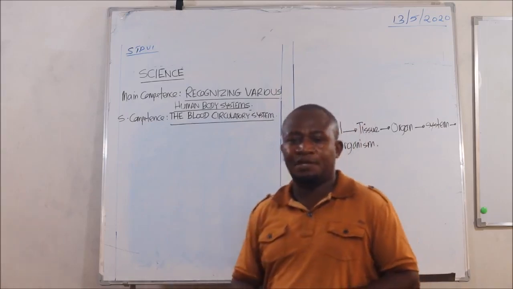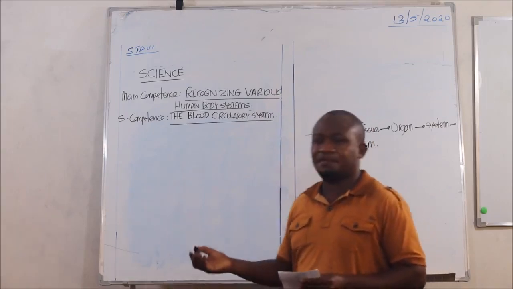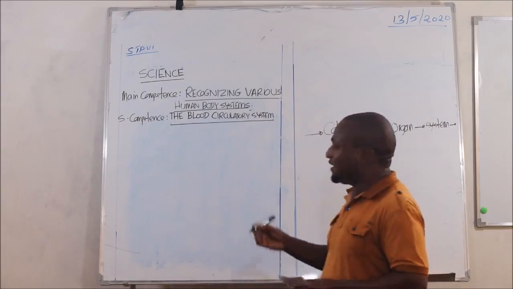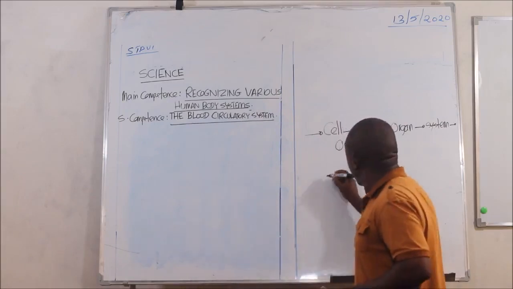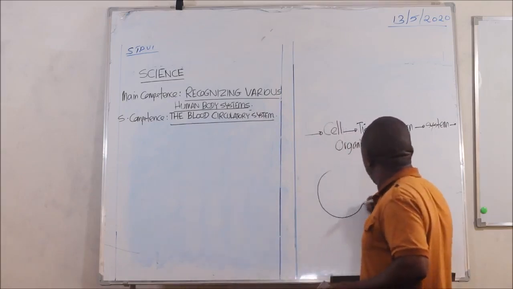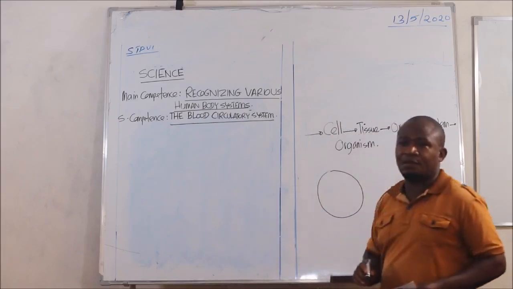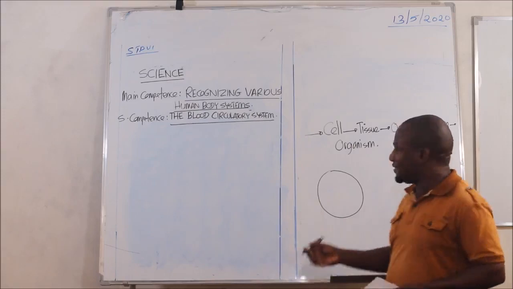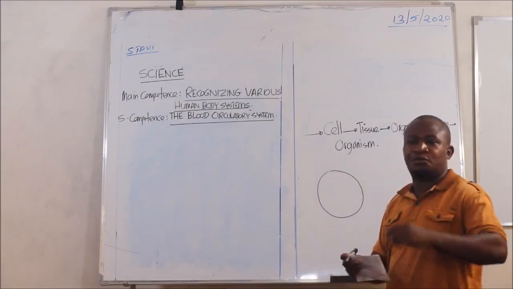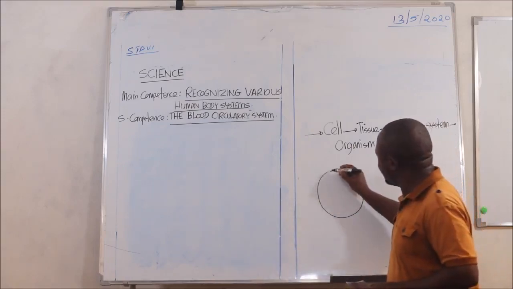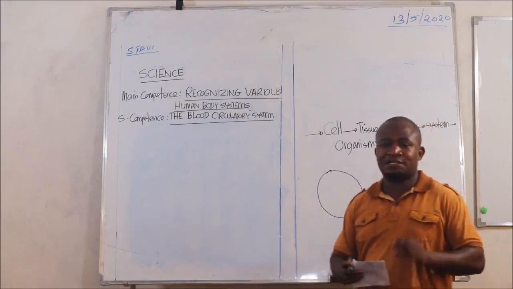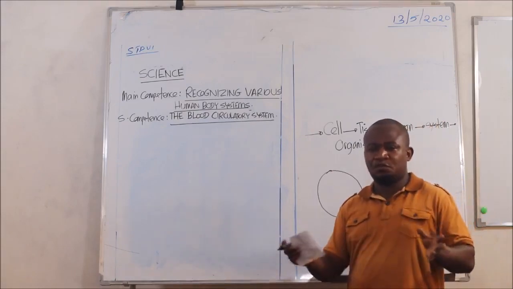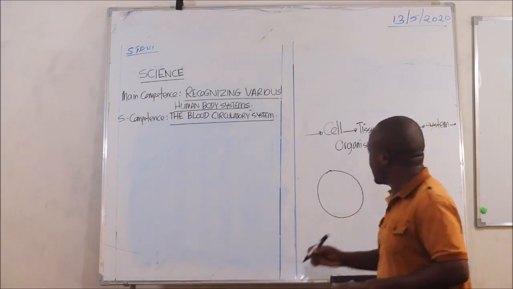Now, this seems to be challenging, but it's very simple. Inside a cell, for example, if I try to draw a simple animal cell quickly, an animal cell doesn't have a definite shape. It is not roundish, but we use a round figure to represent a cell so as to minimize confusion.